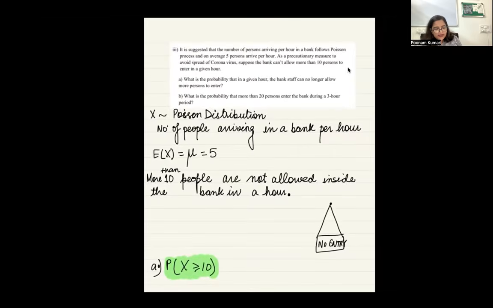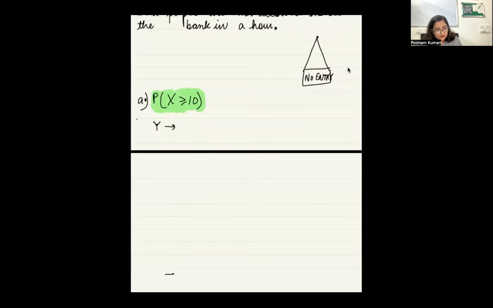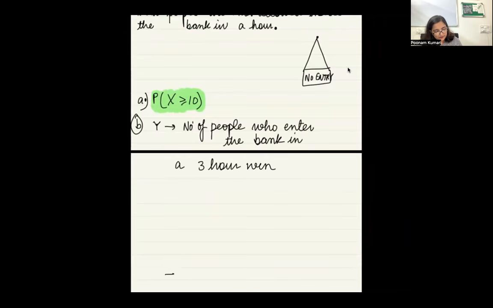So if I create a new random variable y, which is the number of people who enter the bank in a 3-hour window, that is also a Poisson distribution. And every hour, what was the average number of people who used to enter the bank? 5.